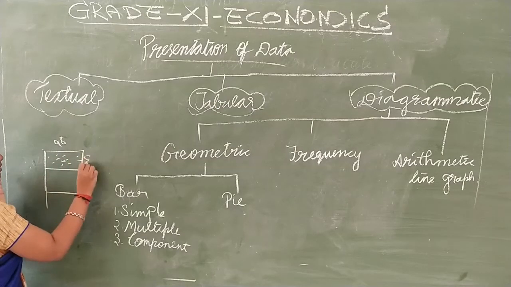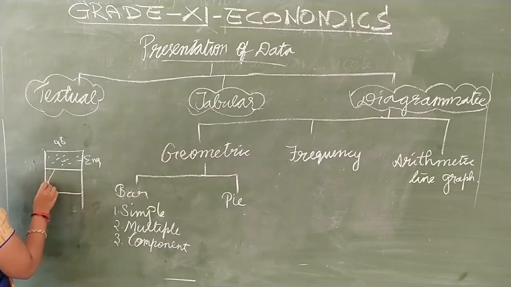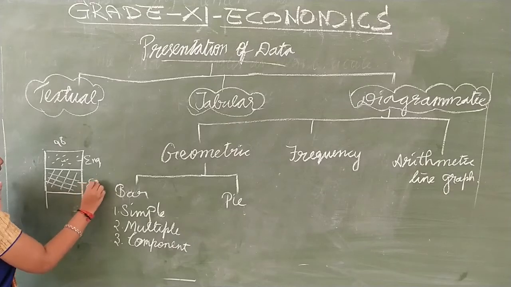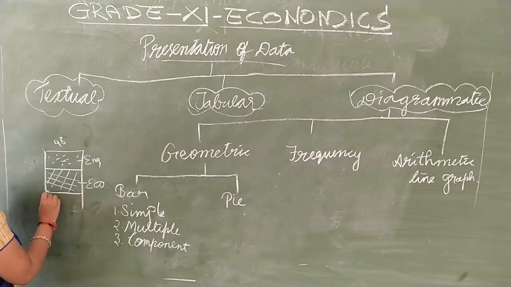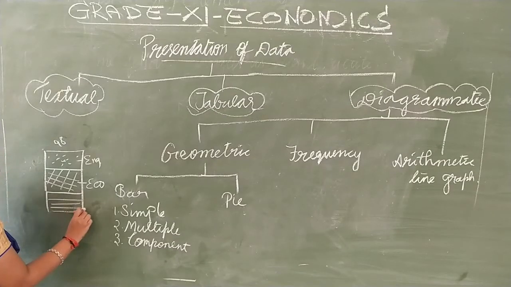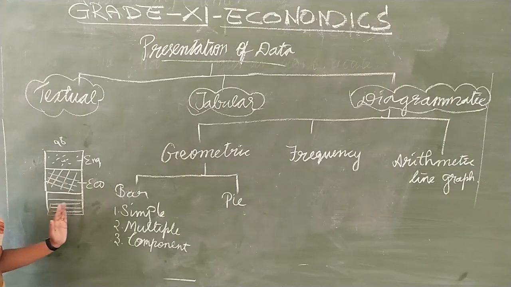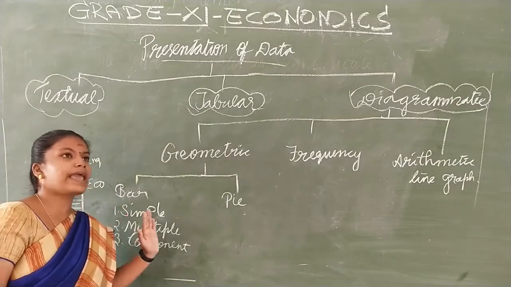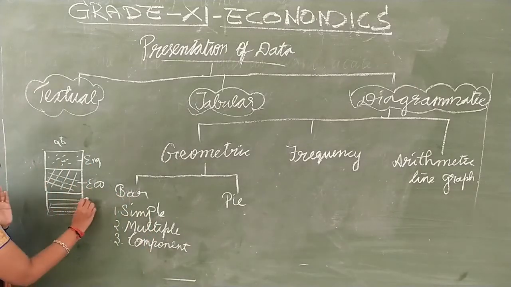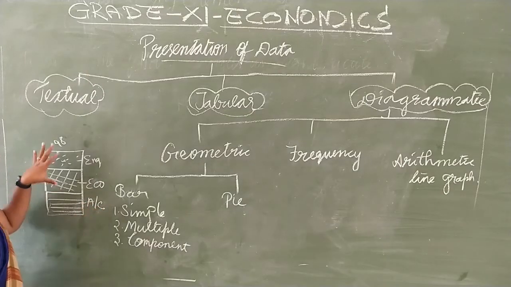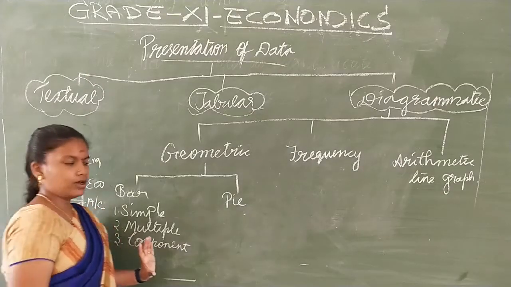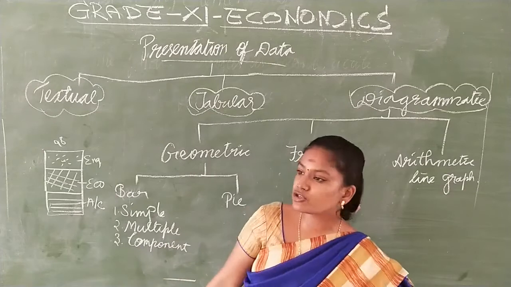So this marks English, and when you have a different shade or coloring, it marks another subject. Component bar diagrams usually have different shades or colors in the same bar, and another one is mentioned as accountancy. So within a particular bar, you have various components.